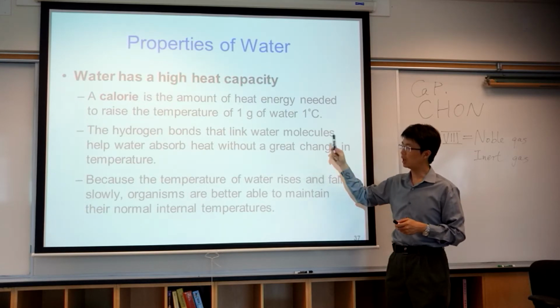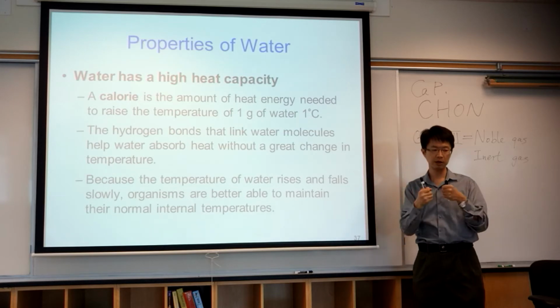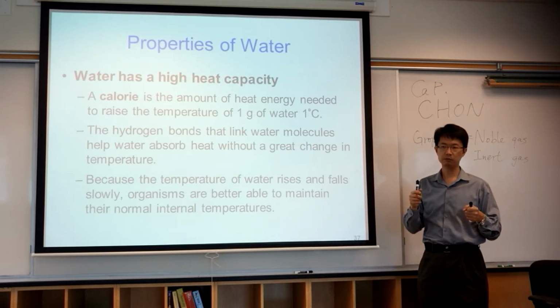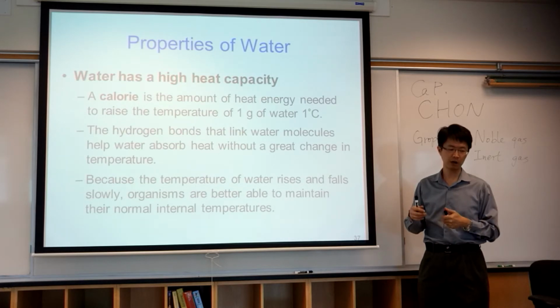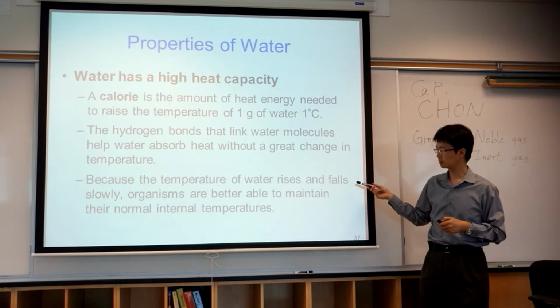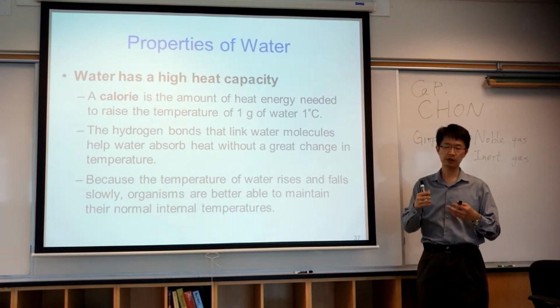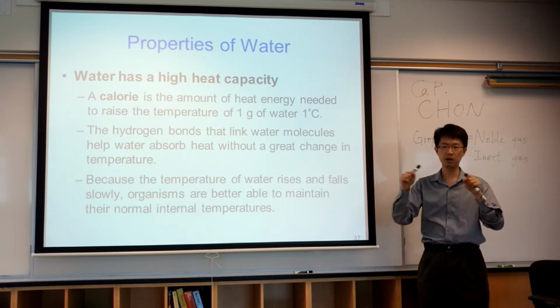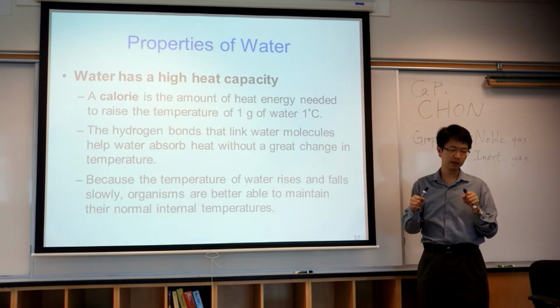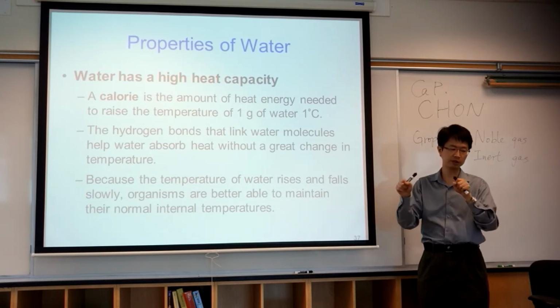What happens is that the hydrogen bonds, the links between the water molecules, resist changes of the state of the water. So if we supply more and more energy, we heat up water, the water molecules will move more, but the hydrogen bonds hold them together and try to resist the changes.